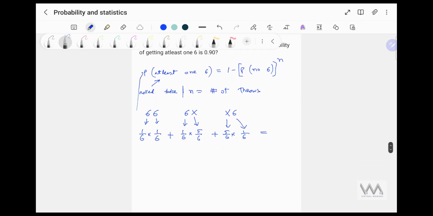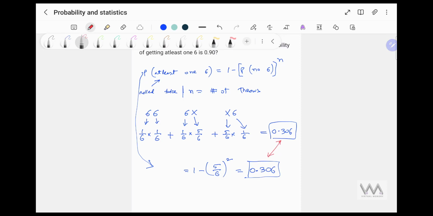So if we use this, we will get 1 minus the probability of not 6, which would be 5/6, and the number of throws is 2, and this will give us 0.306, which is the same number as 0.306 here. So these are the same number. So we prefer to use this method because this is much easier and we can do it for any number of throws. So this was question A.